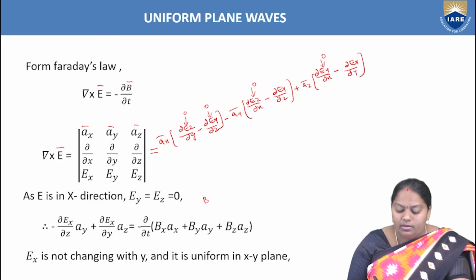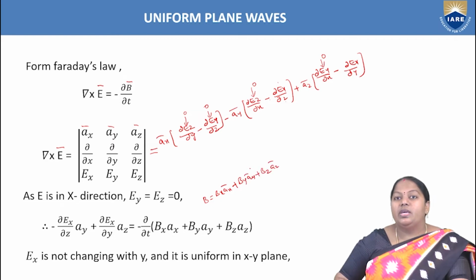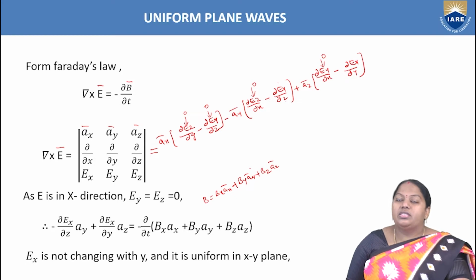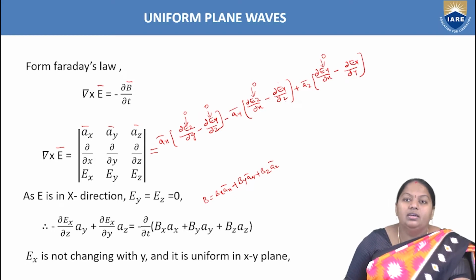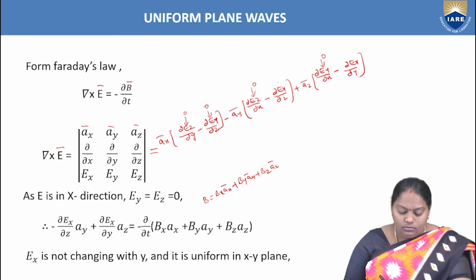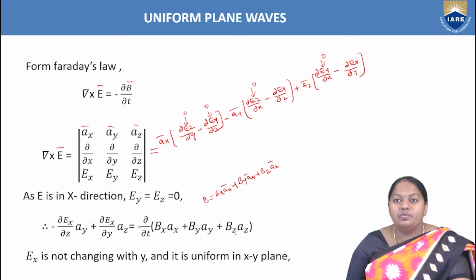That B is expressed as Bx ax plus By ay plus Bz az, which is the vector form of magnetic flux density in the Cartesian coordinate system. So, minus ∂/∂t of (Bx ax plus By ay plus Bz az) is to be obtained.